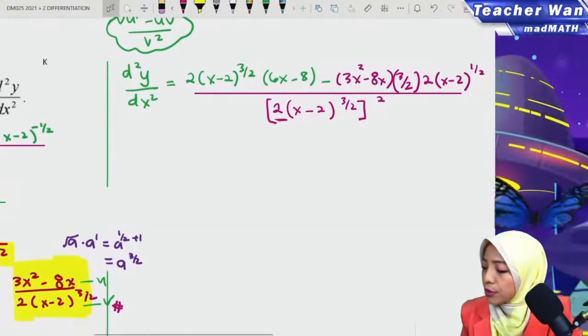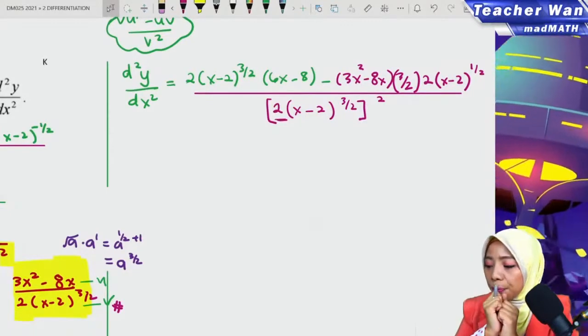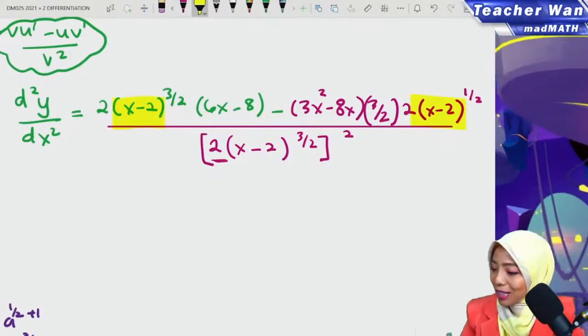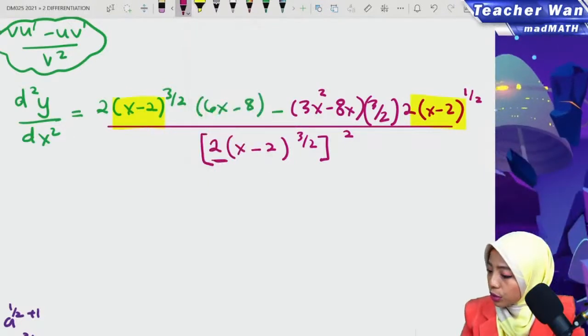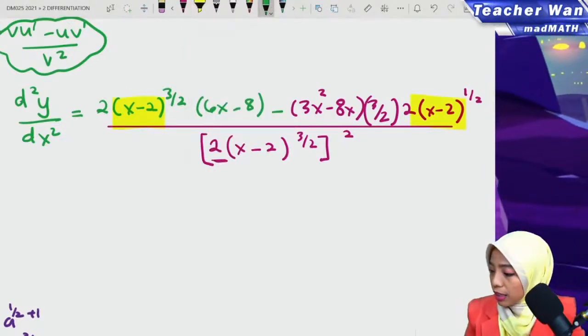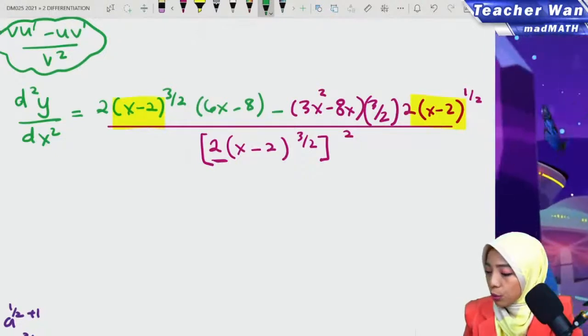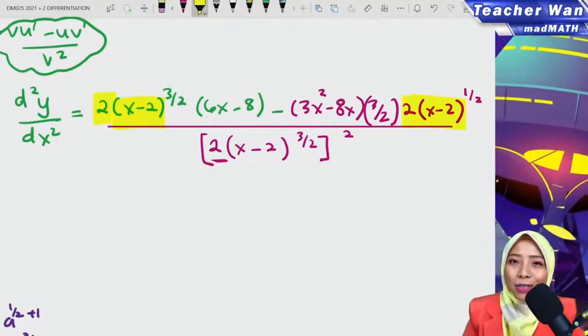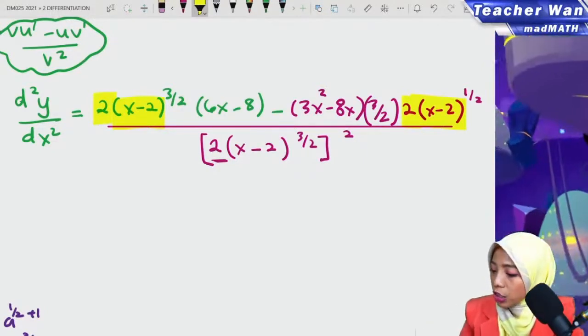Okay, so this is the crucial part now. What is common right here? Yes, we have x minus 2, therefore we have to take that out. We also have 2, which is common too, so we can bring it out.